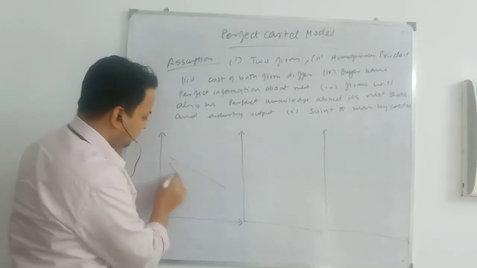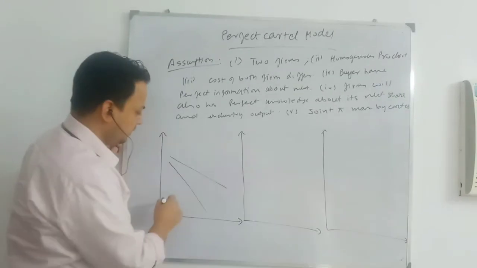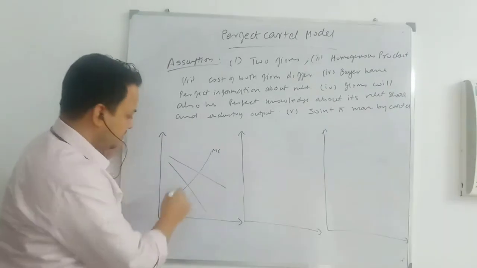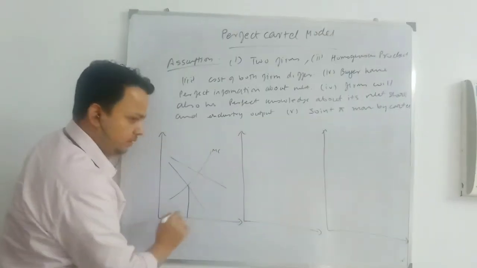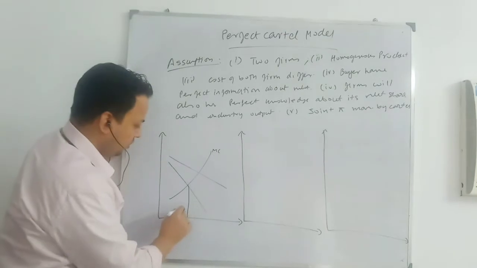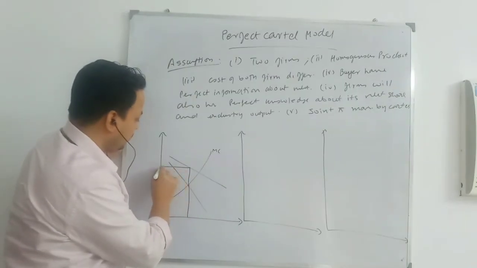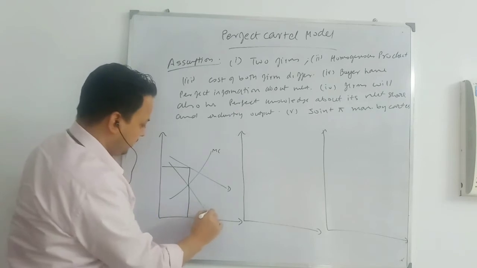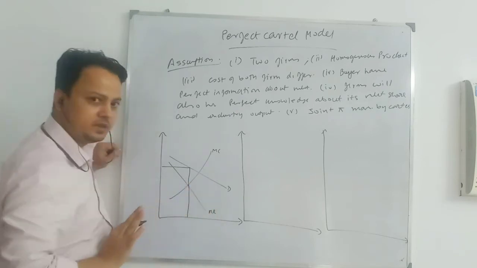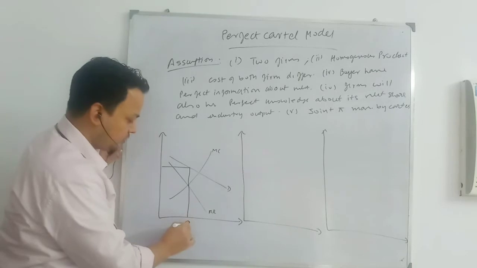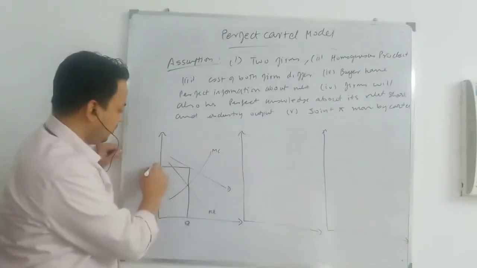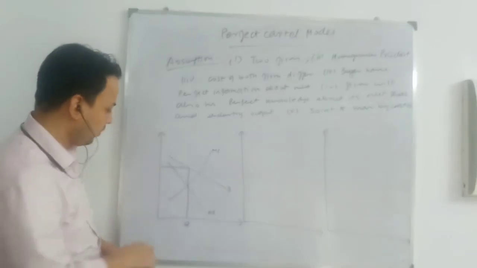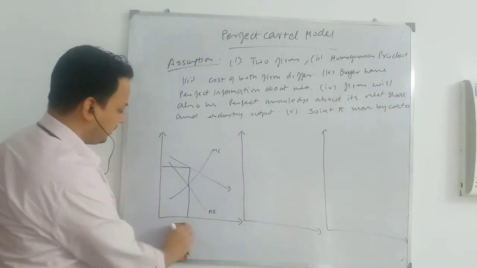Based on that you have the MR curve, and this is a marginal cost curve. Once your output is determined, you produce this much and charge this price, because this is your demand curve and this is your MR curve. The MR equal to MC condition determines how much you produce and what price you charge. This we know is the first order condition for profit maximization.